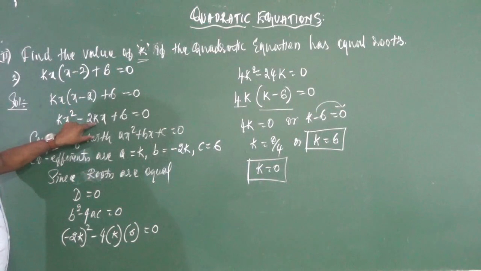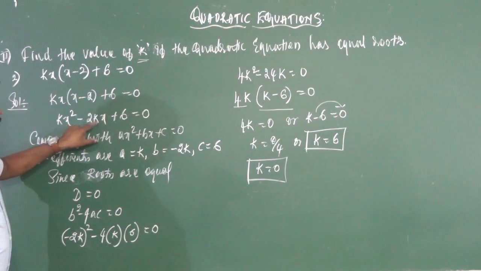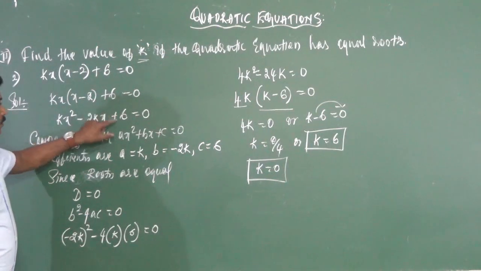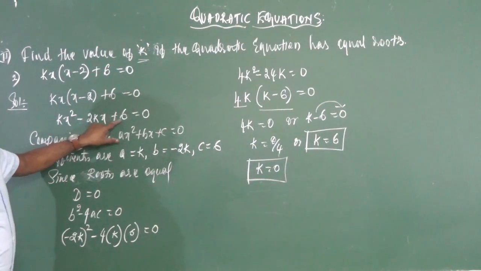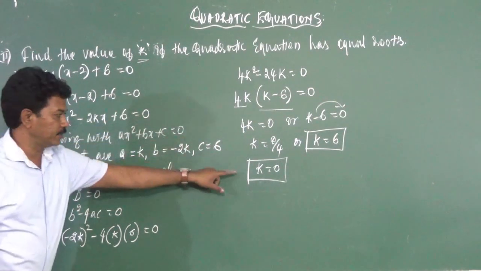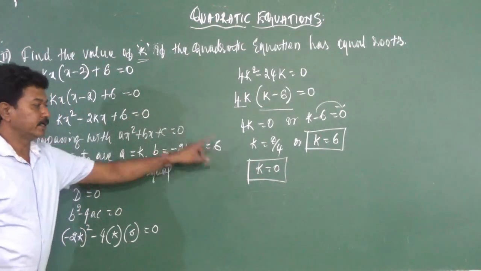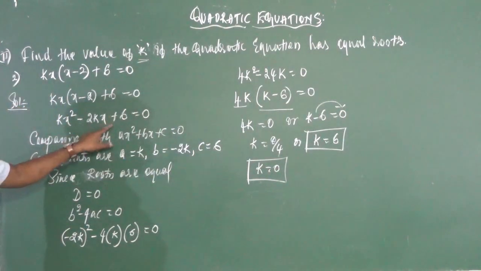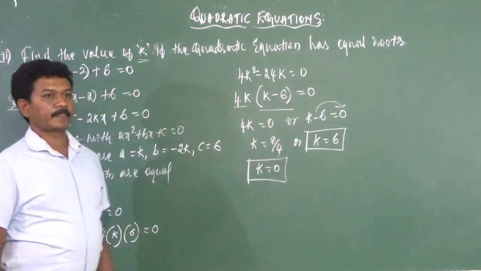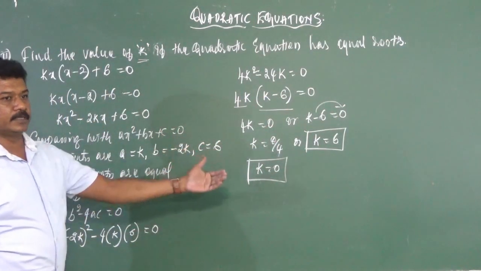Again 2 into 0 into x, this term collapses. You will be left with only 6, so 6 is equal to 0. That is absurd in mathematics; that cannot happen. So the k value 0 cannot be substituted, because it doesn't make the quadratic equation exist at all. Therefore we have to consider the other value, that is 6.